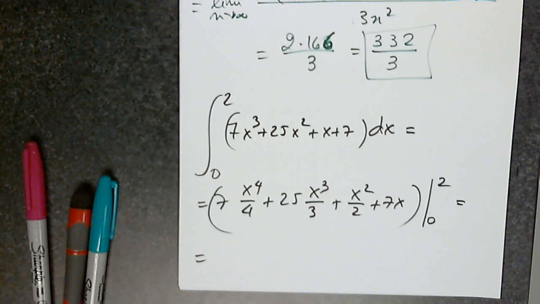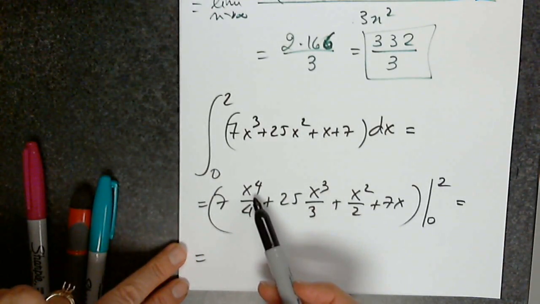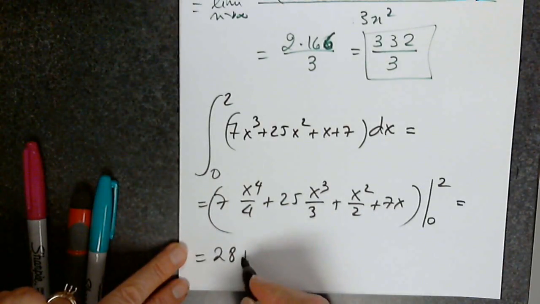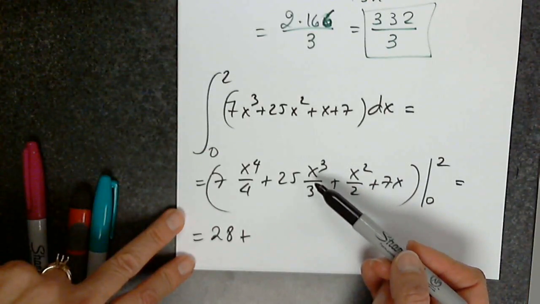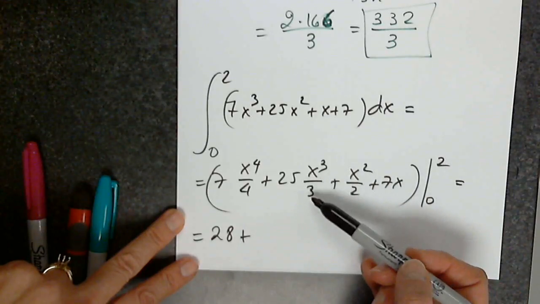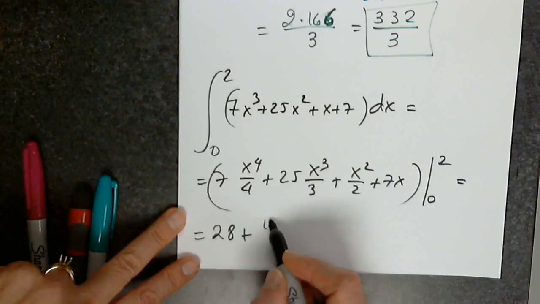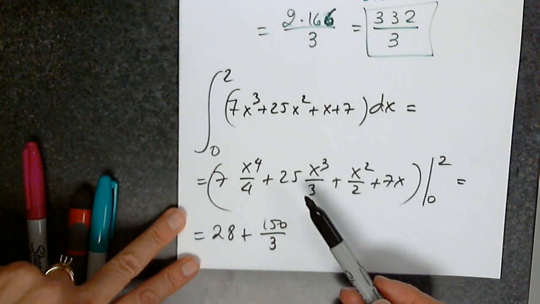So 2 to the 4th is 16. 16 divided by 4 is 4. So this is 28 plus. So this is 8 divided by 3. And 8 times 25 is 150, isn't it? Am I correct?